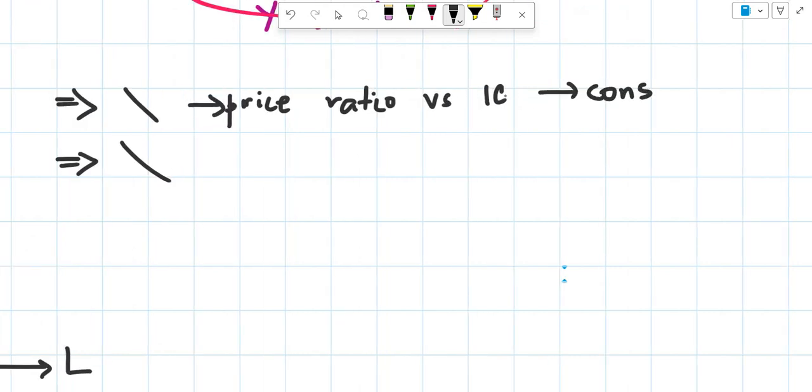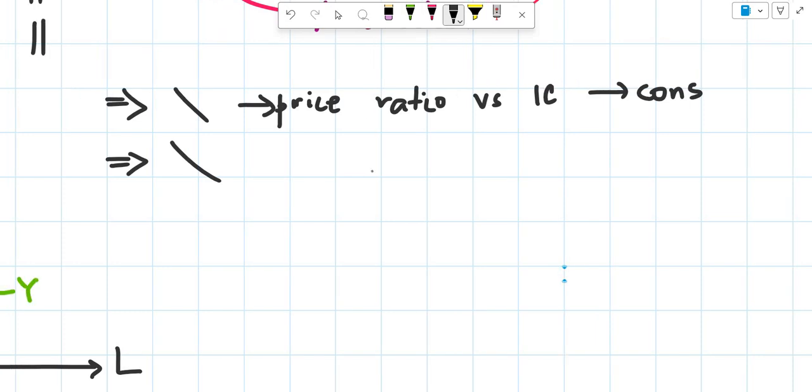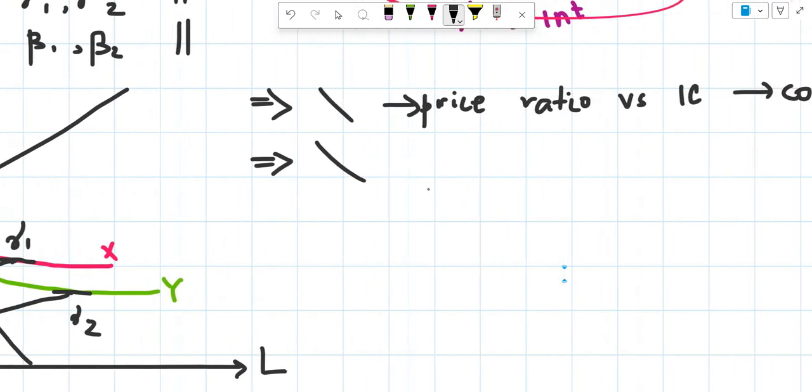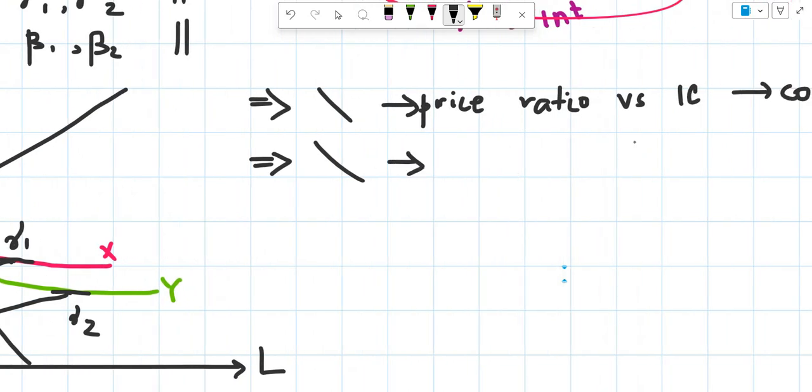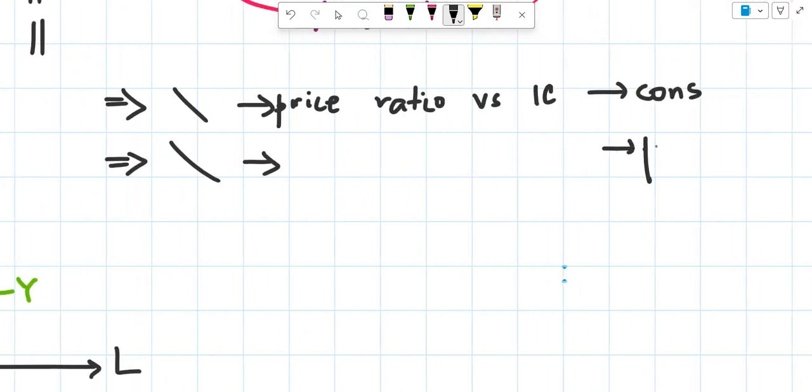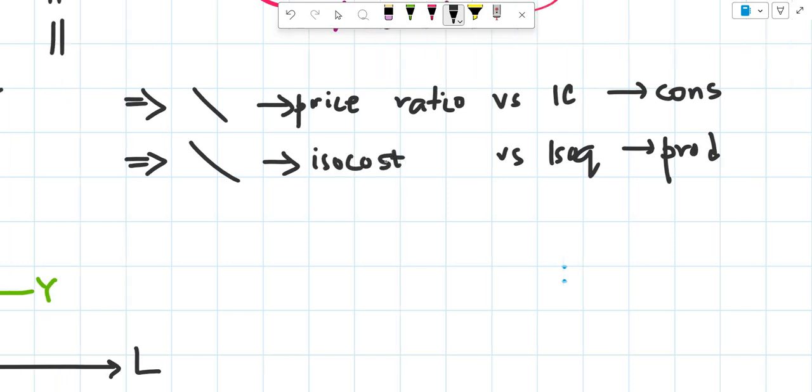Consumer behavior is basically trying to attain the highest possible indifference curve given the price ratio, given this budget constraint. And in case of producer behavior, what do we have? Producer behavior is basically trying to attain the highest possible isoquant, that is, produce as much as possible given the isocost curves or something like that, right? Basically given the factor prices.